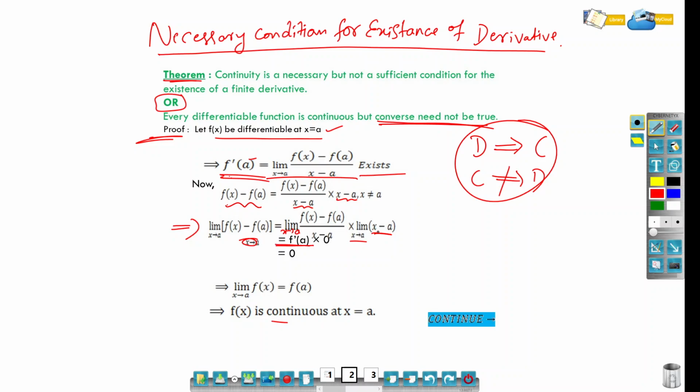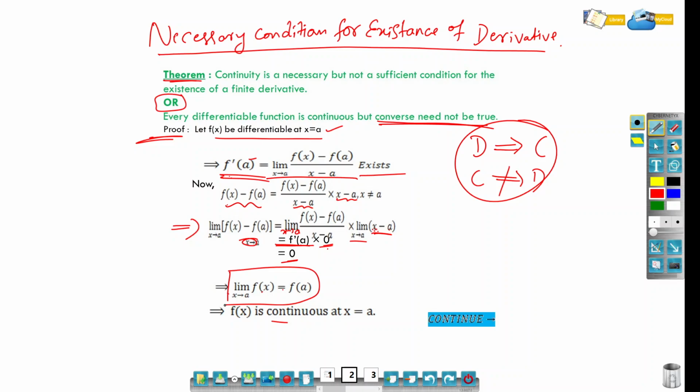In place of x substitute a: a minus a is 0, and 0 into the derivative is 0. So limit f of x is equal to f of a. Clear? So what exactly does this mean? This is nothing but the definition of continuity.